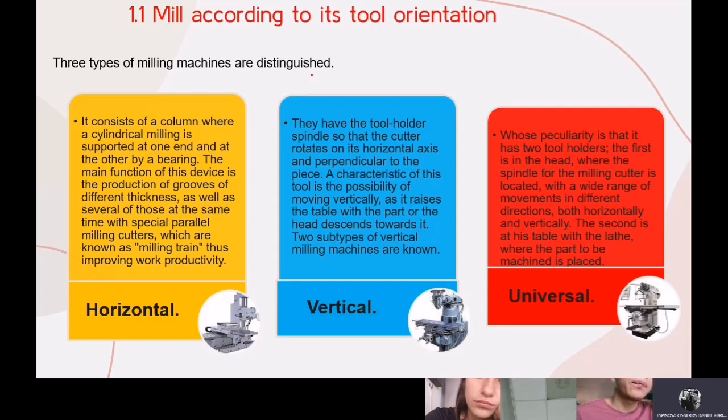The peculiarity is that it has two holders. The first is in the head, where the spindle for the milling cutter is located, with a wide range of movements in different directions, both horizontally and vertically. The second is a table with the vise, where the part to be machined is placed.